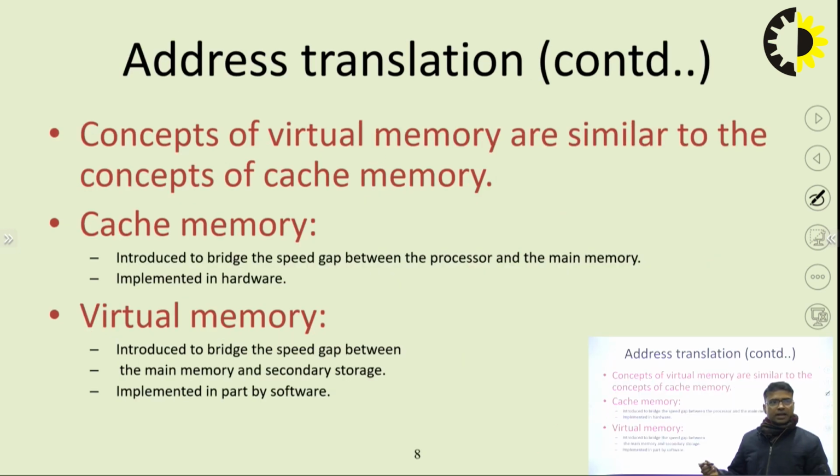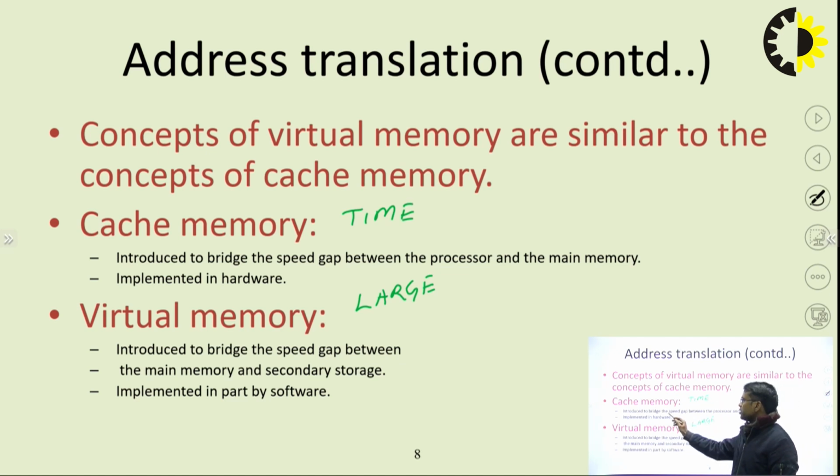Now, the concept of cache memory is somewhat similar to virtual memory. We know that the purpose of cache memory is to speed up, or reduce the time of access of data from the memory. Similarly, virtual memory is used to provide a large space for storage of large programs. Cache bridges the gap of speed between the processor and the main memory, and it is implemented with hardware only.